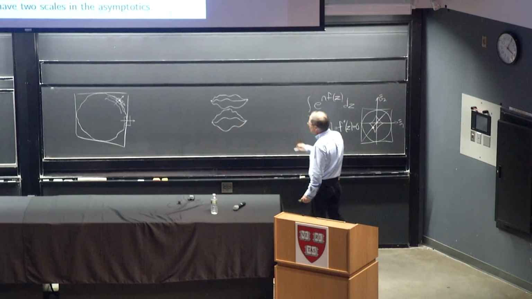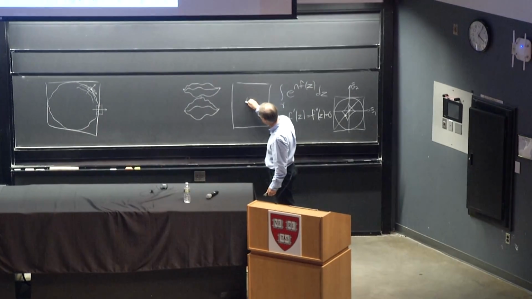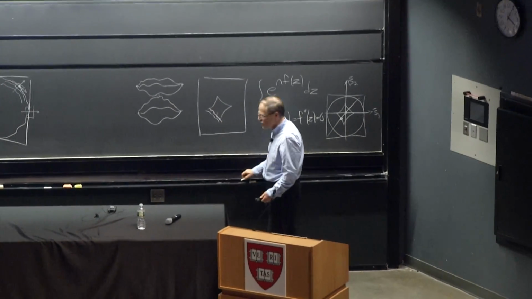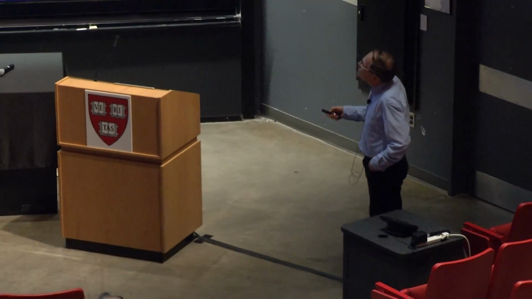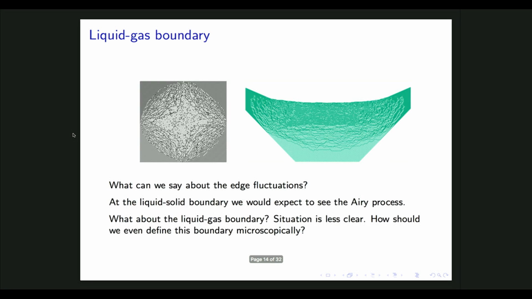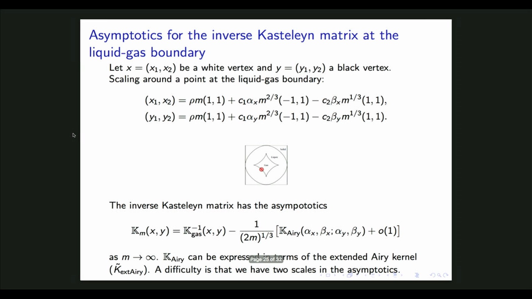But of course, this is what you would expect also. If you look at this picture around, we have these curves here, but all around there, you just see gas. So let's go back to the picture. If I zoom in here, I basically see a gas phase there, and now and then I seem to see some long-range structure. And this long-range structure must somehow be coming from this thing.